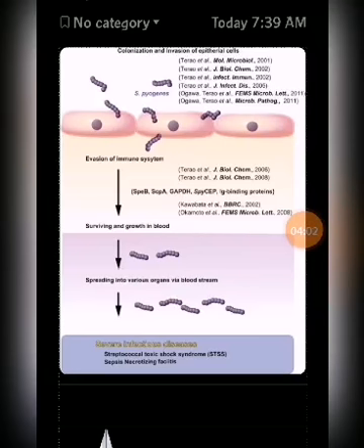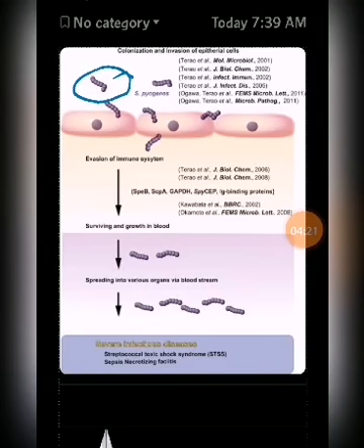You can see here beta-hemolytic Streptococcus pyogenes, which may cause pharyngitis. How does it cause pharyngitis? Here is an example.